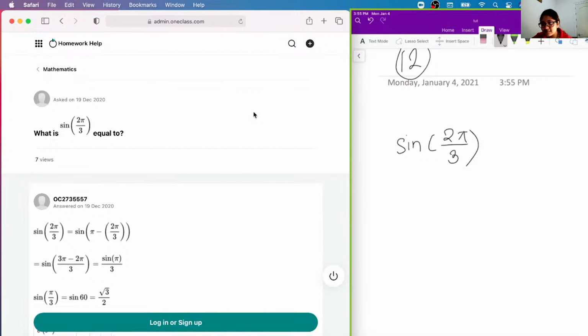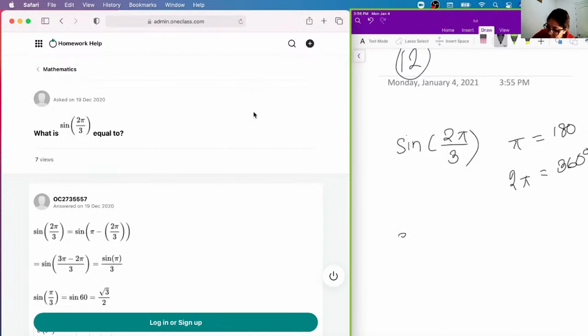You can basically evaluate this by, you guys recall that pi is equal to 180, whereas 2 pi is equal to 360. You want to convert it to degrees. And so in this case, that would be the easier case.